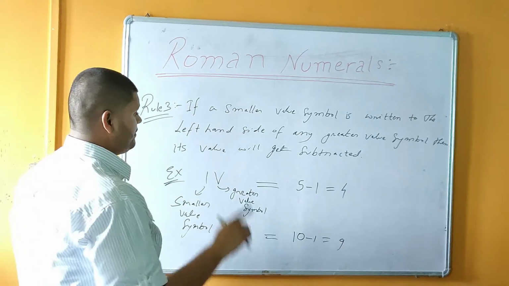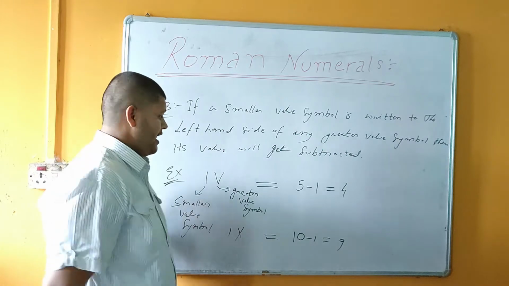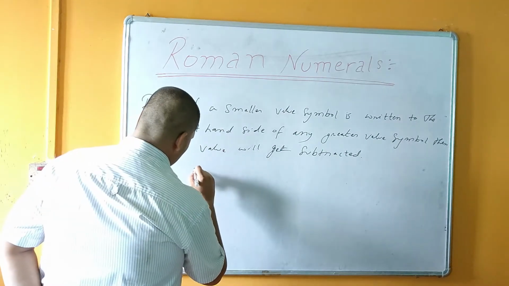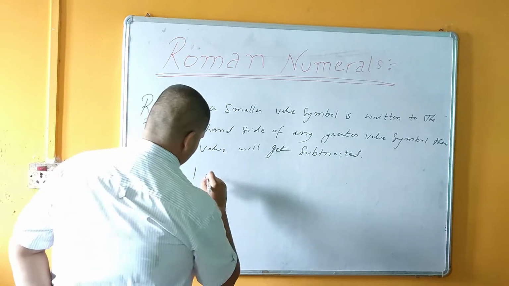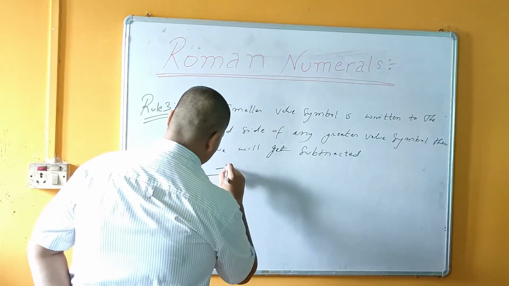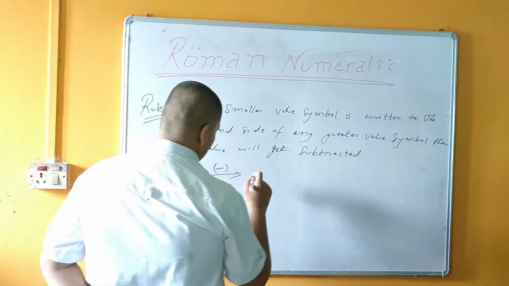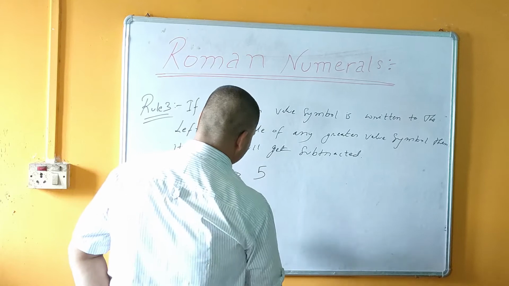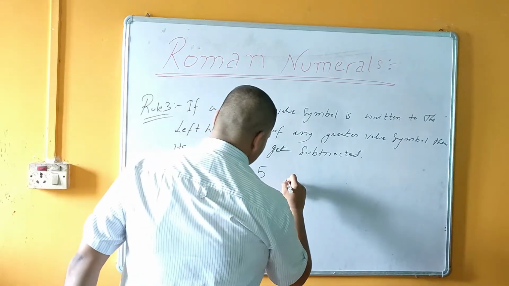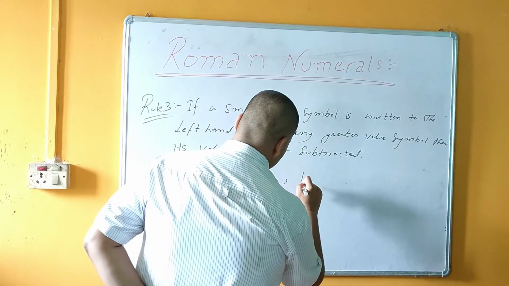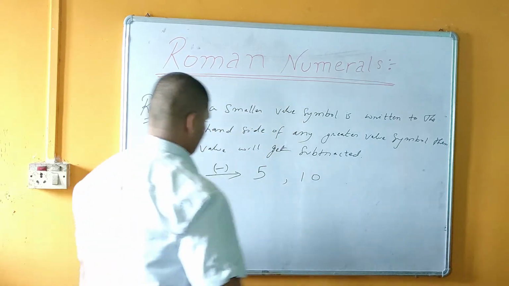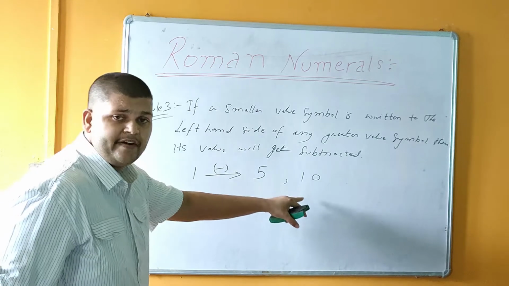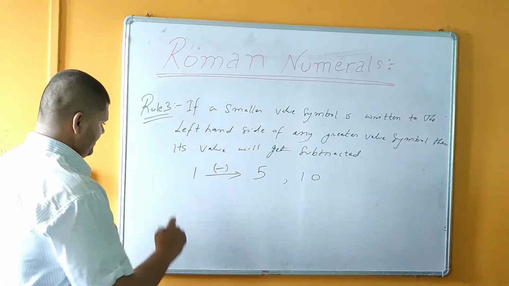But here one more thing you need to remember. You have to remember that this 1 can be subtracted either from 5 and 10 only.